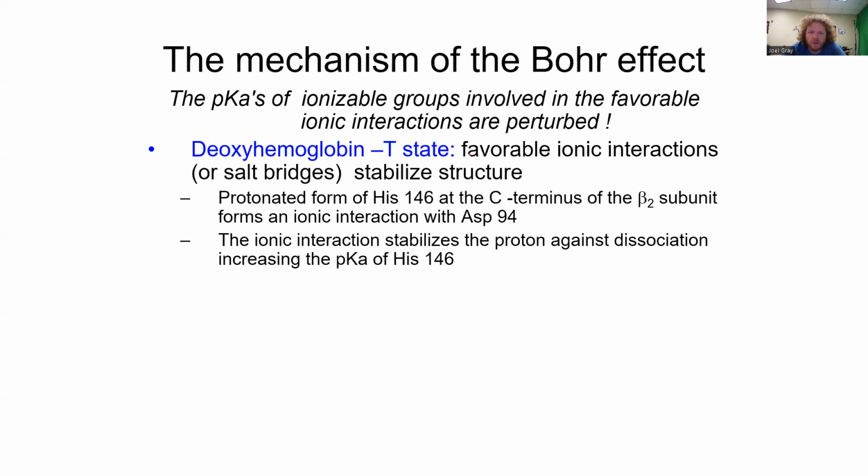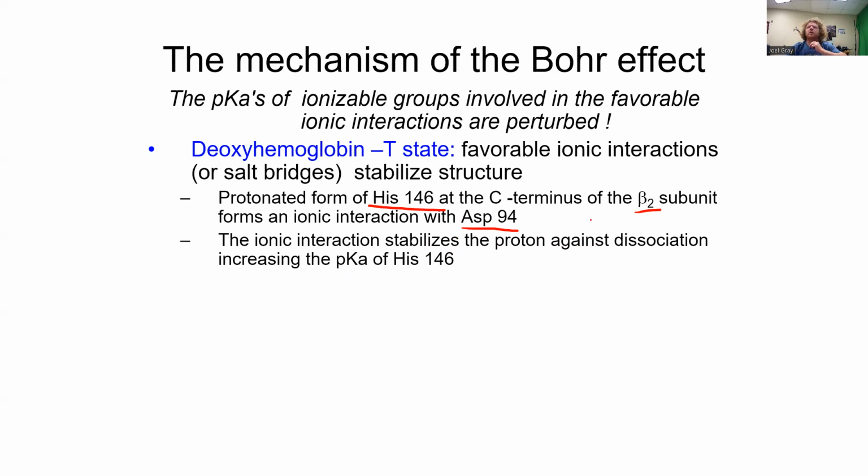Specifically, the protonated form of histidine 146 at the C termini of the beta 2 subunit forms an ionic interaction with aspartate 94. The ionic interaction stabilizes the proton against dissociation, increasing the pKa of His 146.